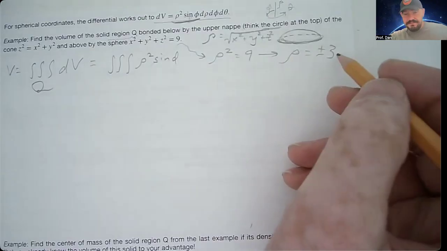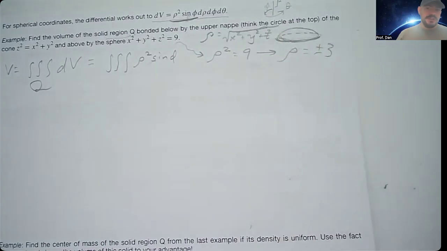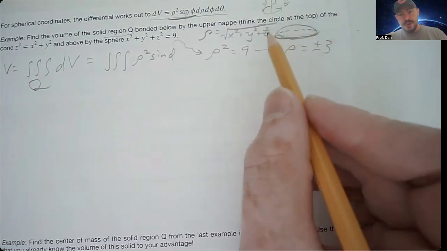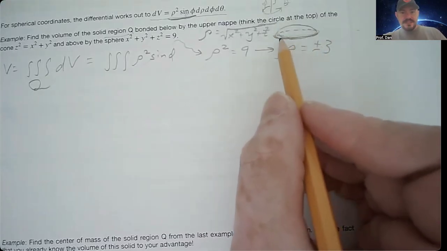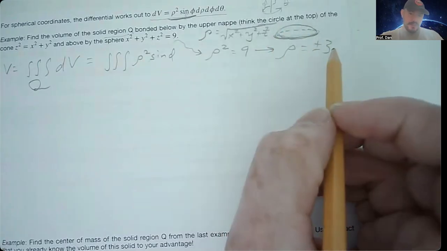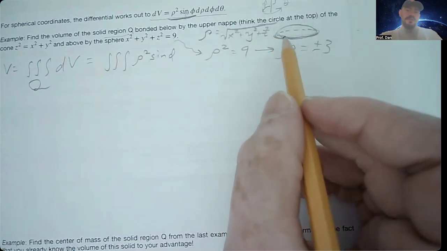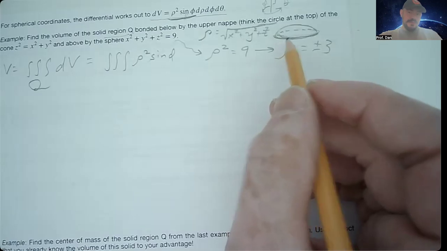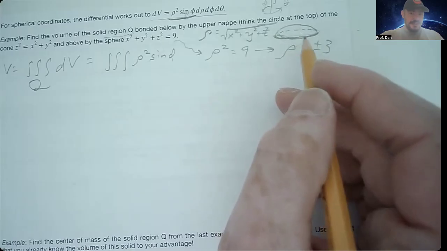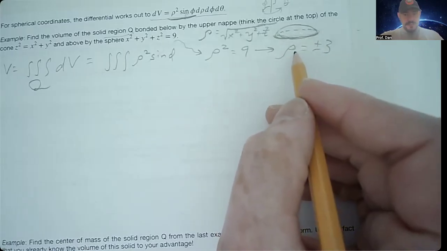Now, again, this conundrum that we come to when we have these pluses or minuses all depends on what you end up choosing for the different angles. Remember, theta is the angle that you use to sweep around. Since the intersection of the upper rim of the cone and the hemisphere or the sphere, right, is a circle, then the easy choice would be to let theta be from 0 to 2 pi and only choose values of rho that are positive.